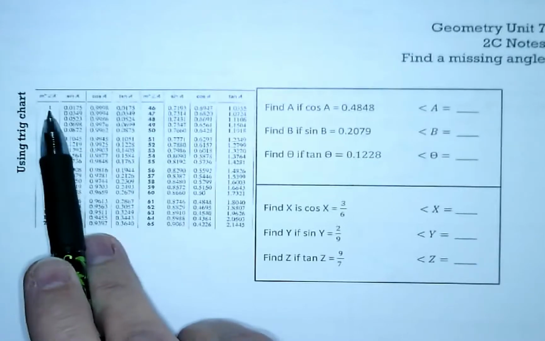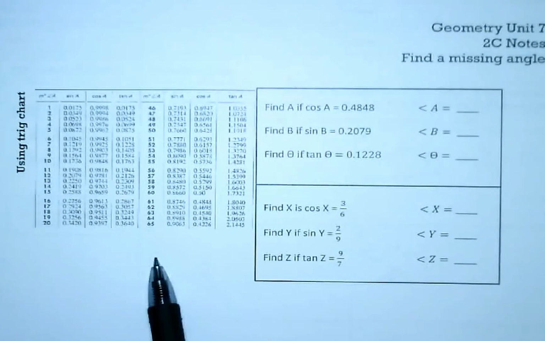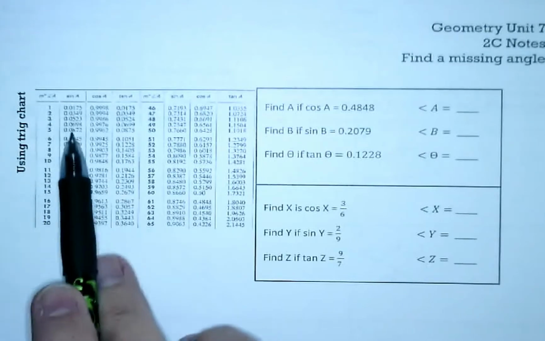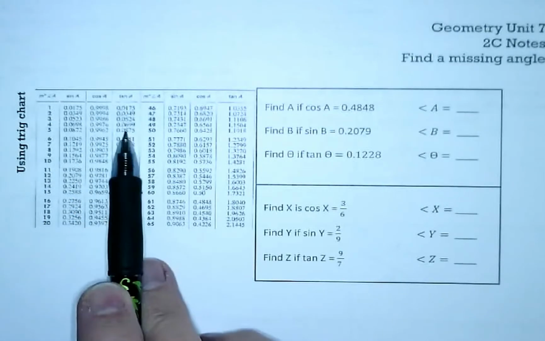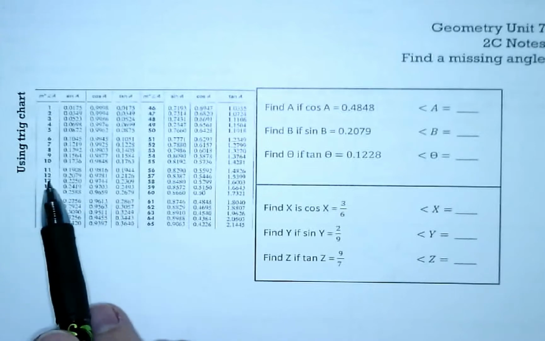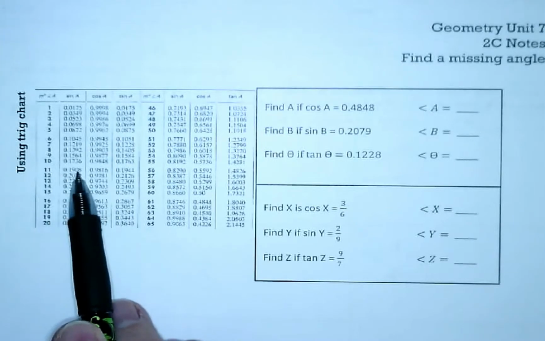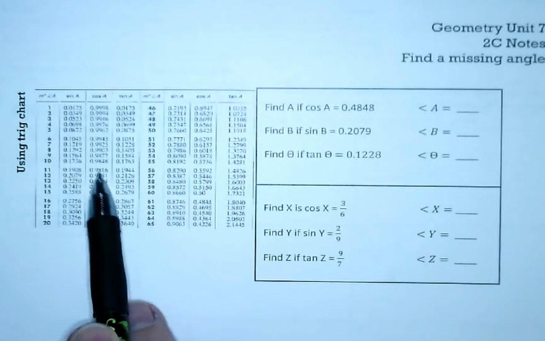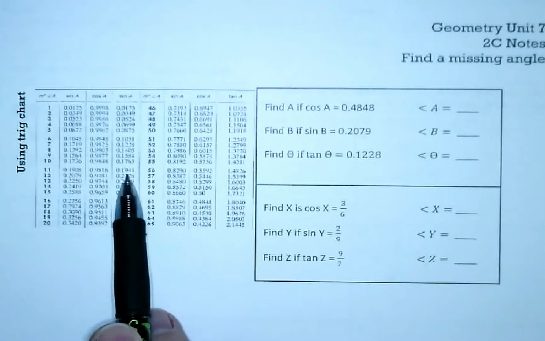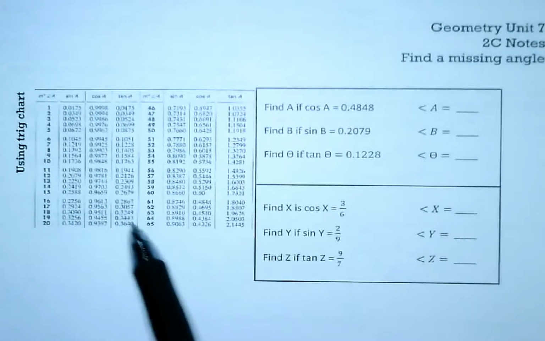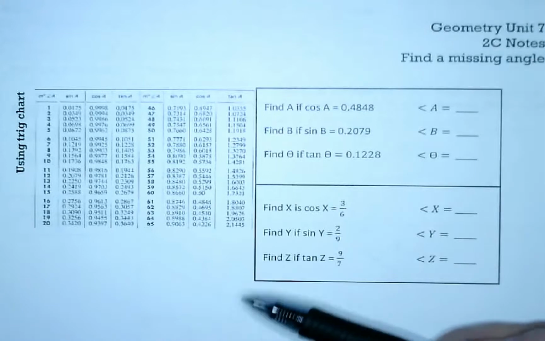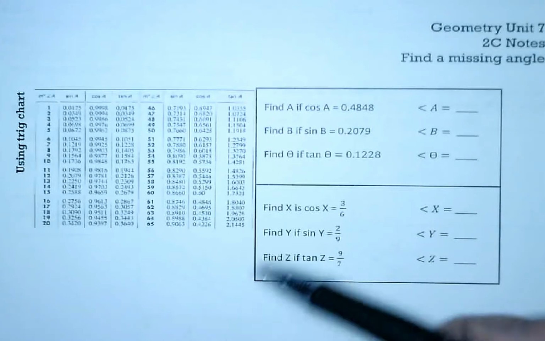It goes from the angles of 1 through 89, with a column for sine, for cosine, and for tangent. For each of these acute angles, there is a decimal form of the ratio associated with each of these three. I'm just showing you this so you can get a visual of where these numbers are coming from.